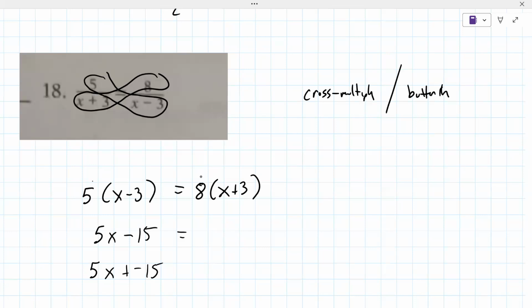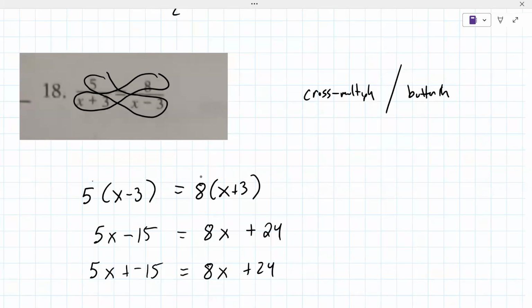And then 8x, and then plus, oh my bad, 24. Okay. 5x plus negative 15 equals 8x plus 24.